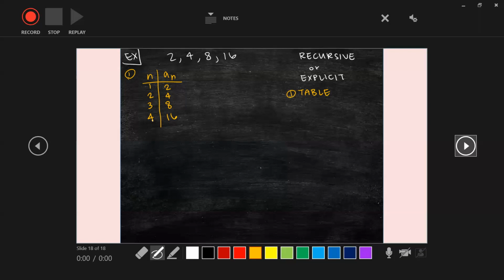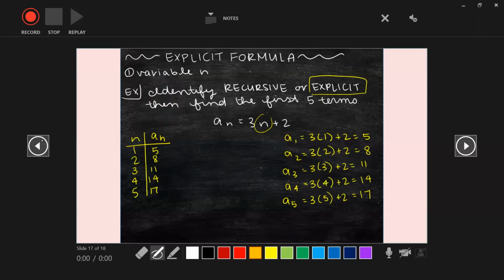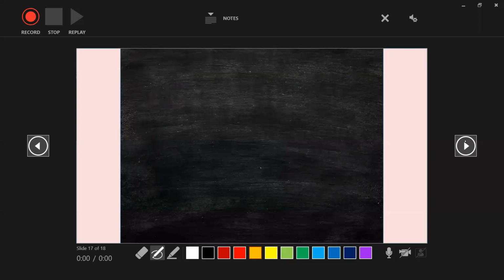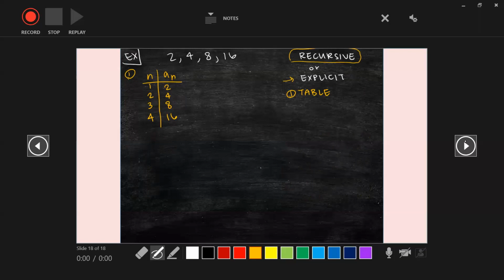You think it's recursive? I'll tell you it is recursive. Why do you think it's recursive? Well, but so do explicit, right? Because last time we had an a sub 1.